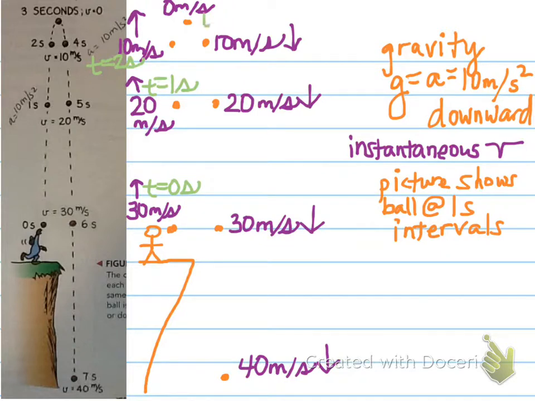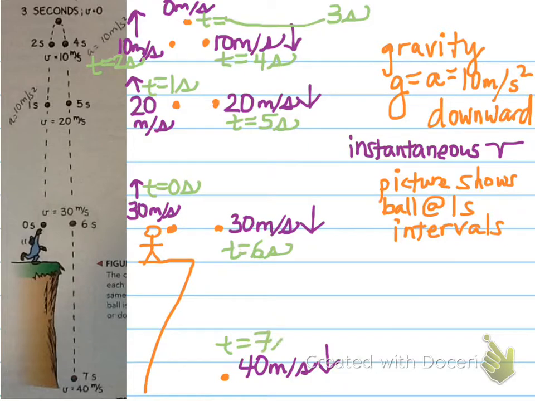Here at the top is t equals 3 seconds. One more second, so this is t equals 4 seconds. T equals 5 seconds. T equals 6 seconds. And t equals 7 seconds. So there's our times.